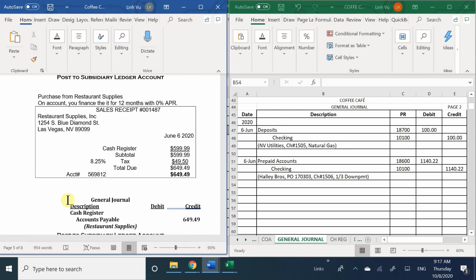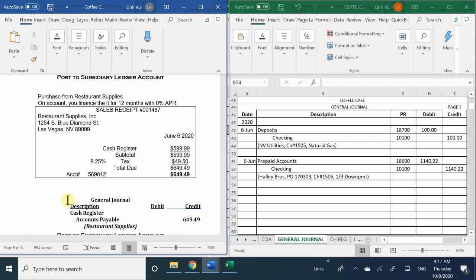Okay? And if you read carefully right there where it says on account, that means you financed it for 12 months with zero APR, meaning you have 12 months to pay this entire cash register off. Okay? So, when you first buy something, do you get the bill right away?